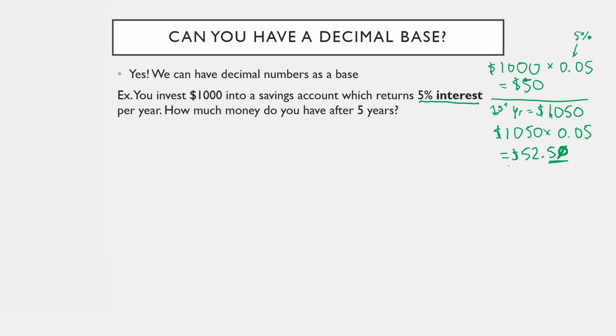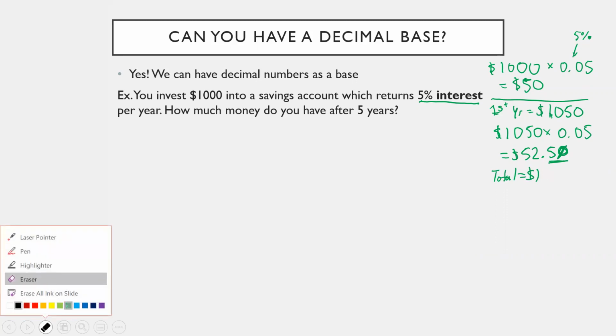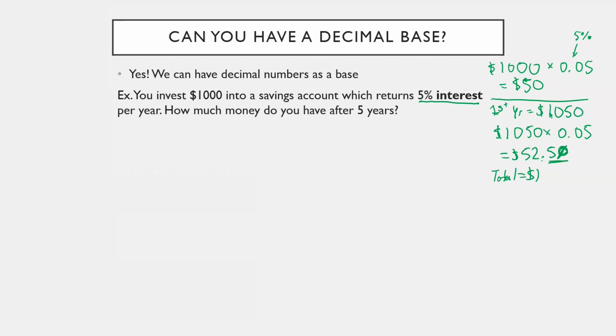That means that after this year, you end up with a total. I'm going to put the total right here. Sorry, not 1,000, that's wrong. Let me find the eraser here, because we are adding 1,050 plus $52.50.